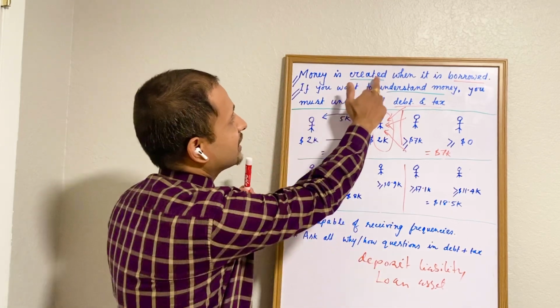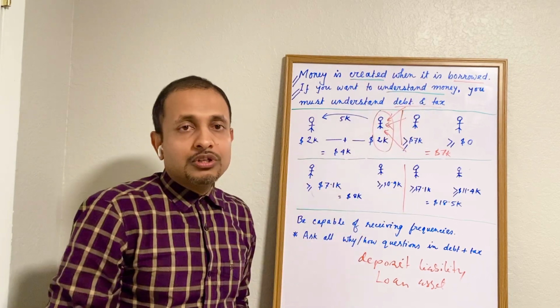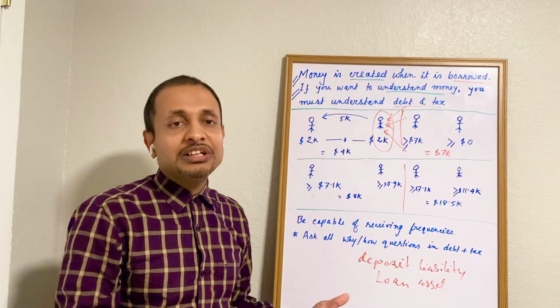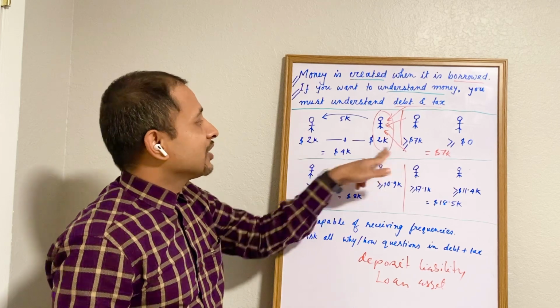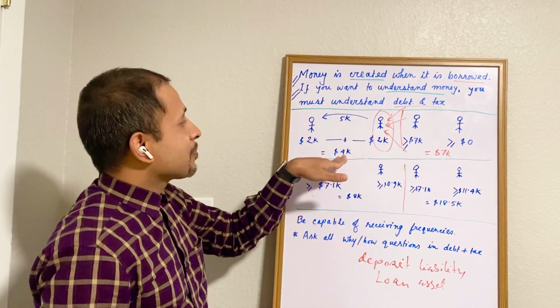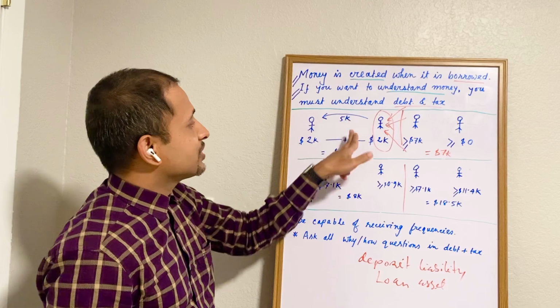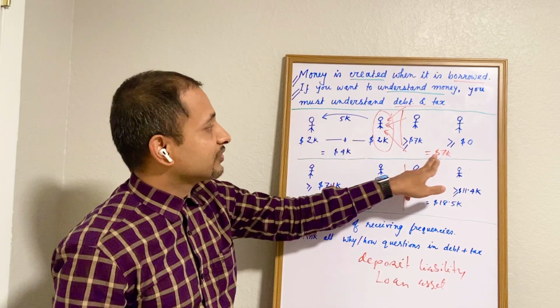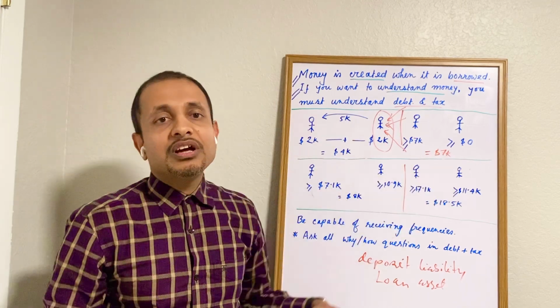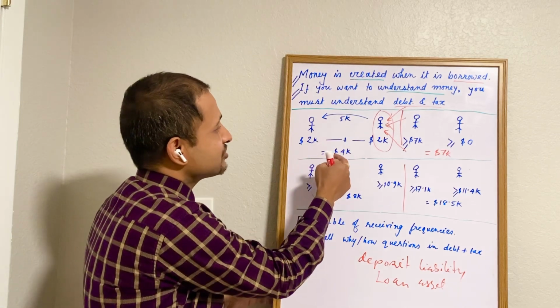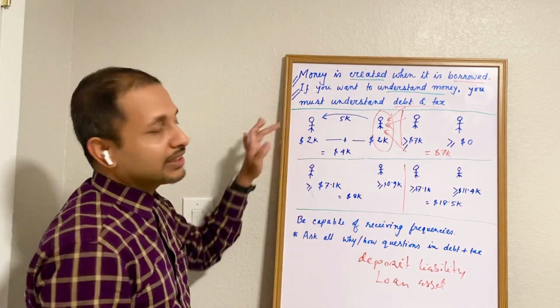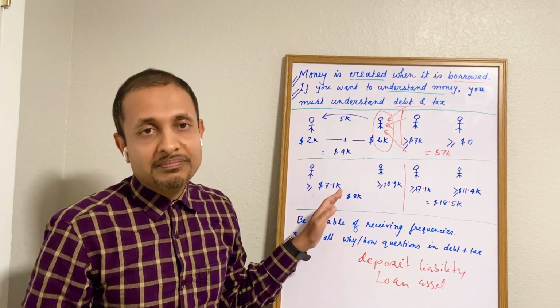Again, money is created when it is borrowed. So he is inventing money by borrowing money. He is making his city richer. As soon as he borrowed money, his city got $3,000 richer than it was before. So he is creating money, he is inventing money.